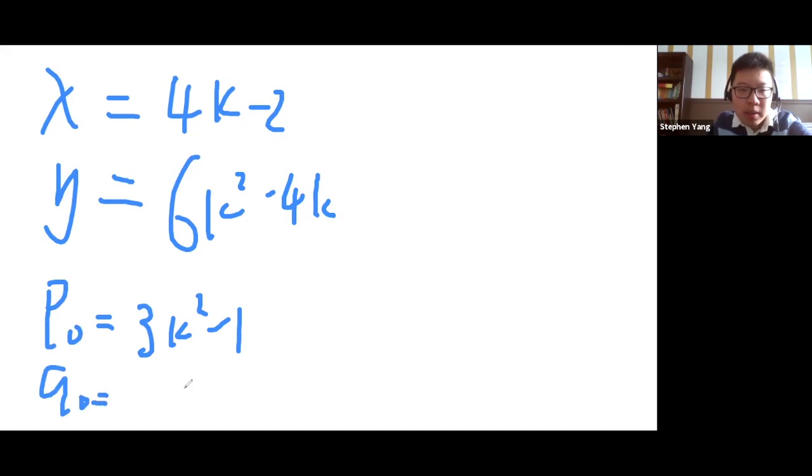Q0 is multiplying them together and then divided by 4. So first, divided by 2 on both of these, you have 2K minus 1 multiplied by 3K squared minus 2K.